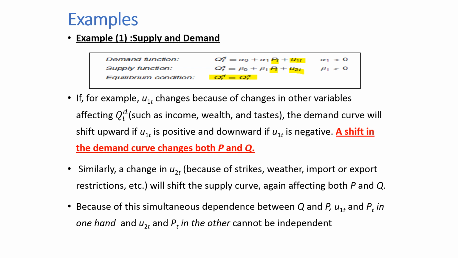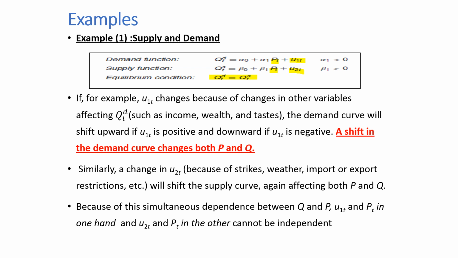So finally, a change in u1 will cause a change in the quantity demanded and therefore a change in the price. And a change in u2 will cause a change in the quantity supplied and in turn the price, which means that u1t and pt in the first equation are not independent, and u2t and pt in the second equation are not independent as well.